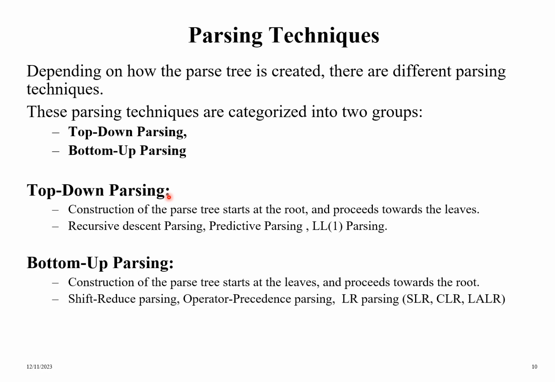In the top-down parsing technique, the construction of a parse tree starts at the root node and proceeds towards the leaf. We have different types: recursive descent parsing, predictive parsing, and LL(1) parsing. In bottom-up parsing, the construction of the parse tree starts at the leaf node and proceeds towards the root node. We have different types of bottom-up parsing techniques: shift reduce parsing, operator precedence parsing, and LR parsing. LR parsing is of different types: SLR, CLR, and LALR.